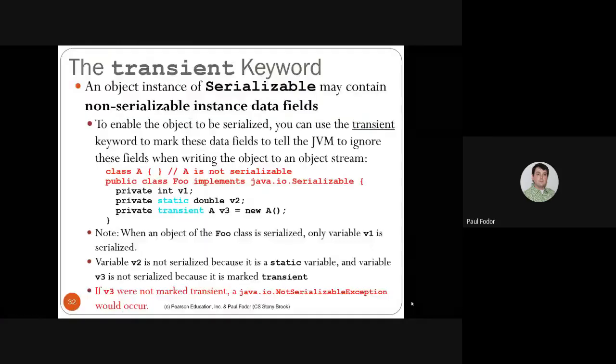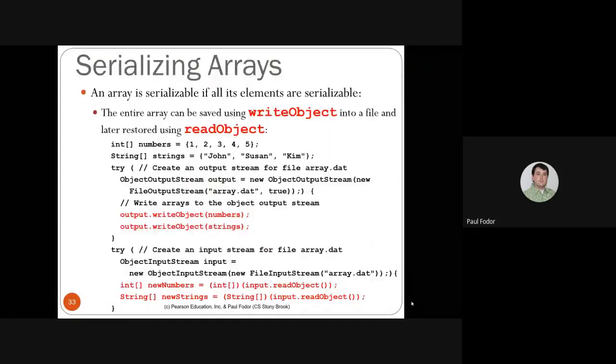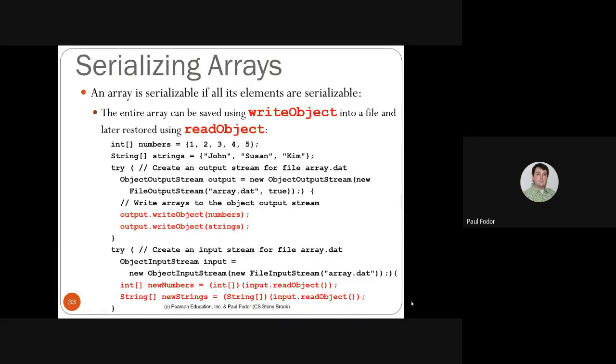That's it, basically. You can also serialize arrays. An array is serializable if all of its elements are serializable. For instance, writeObject and readObject can be reading and writing arrays. If you have an integer array, you can write it to the output and read it back in the same order.